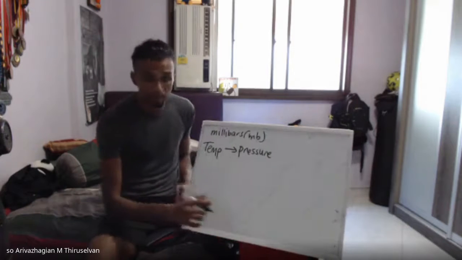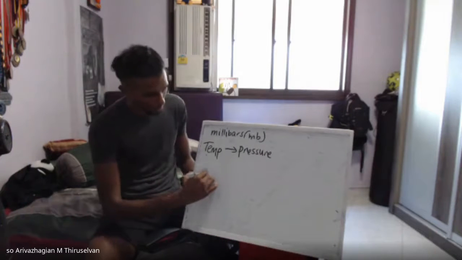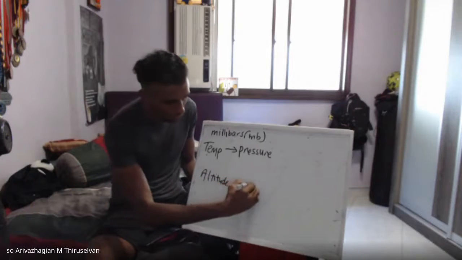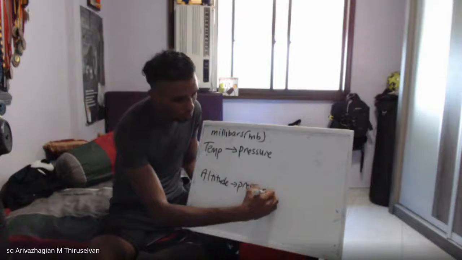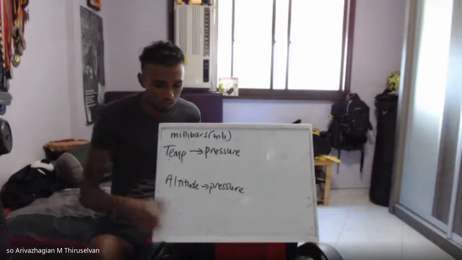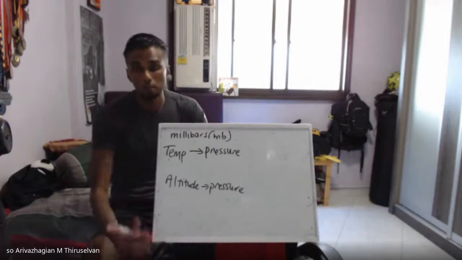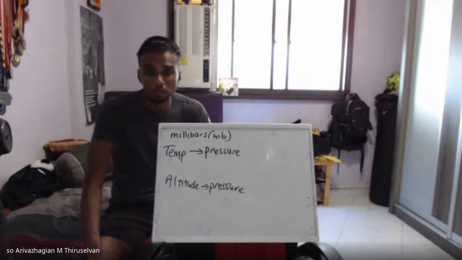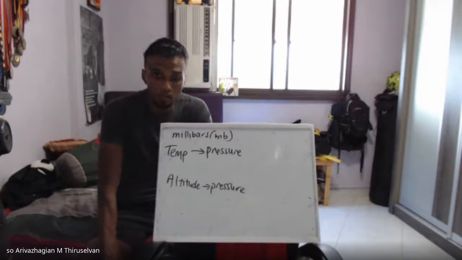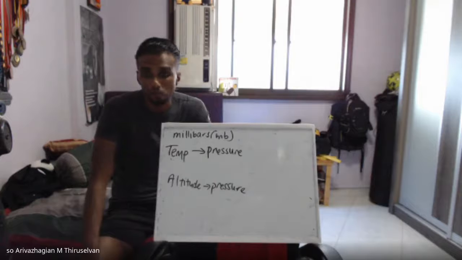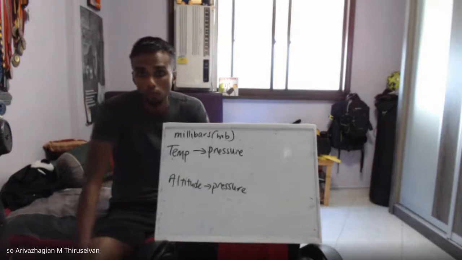And next lesson, I will talk about altitude's influence on pressure. Why do I feel it's important to establish these two things? Because a lot of the things when I explain wind systems later on, these two things will play a crucial role in establishing where's the high pressure, where's the low pressure.